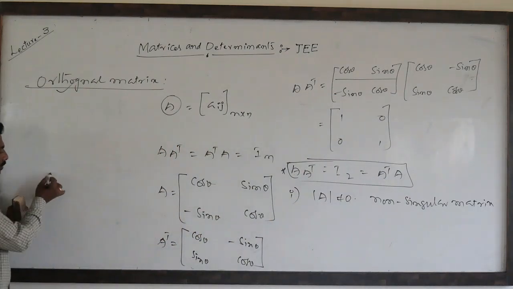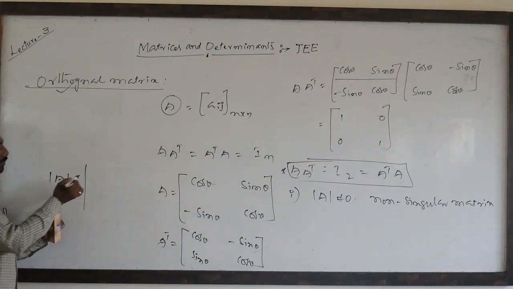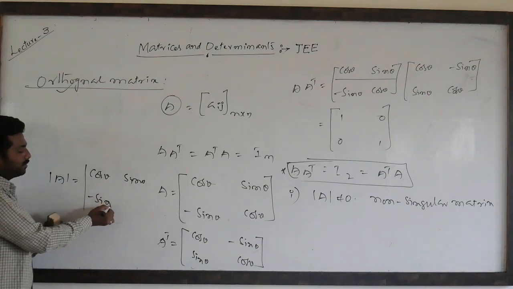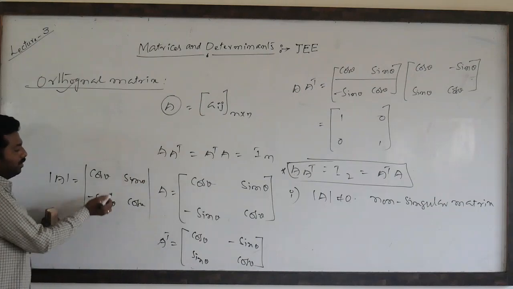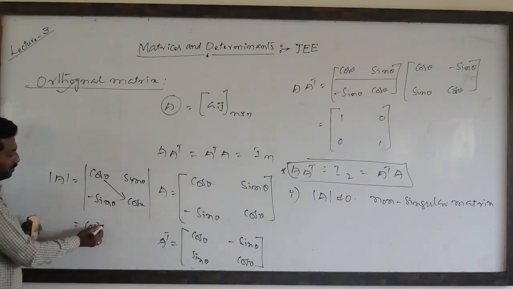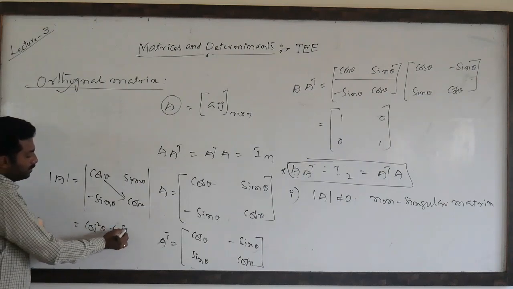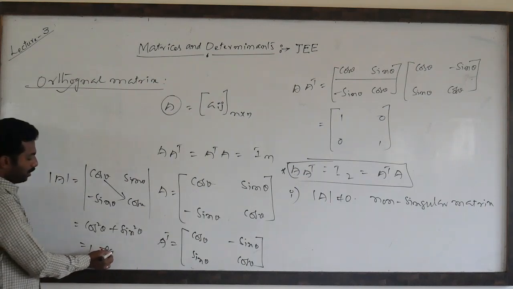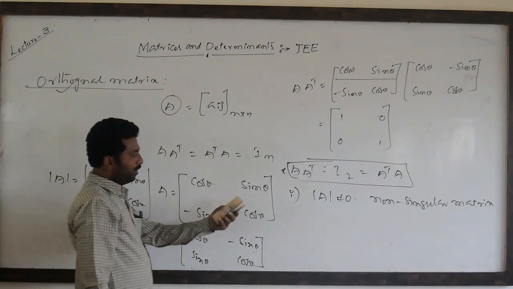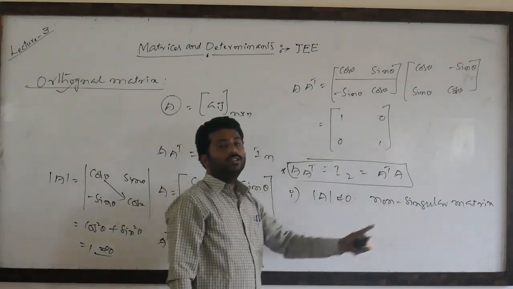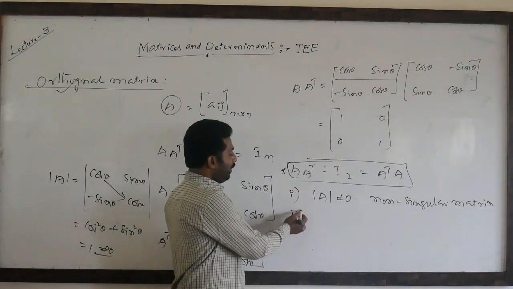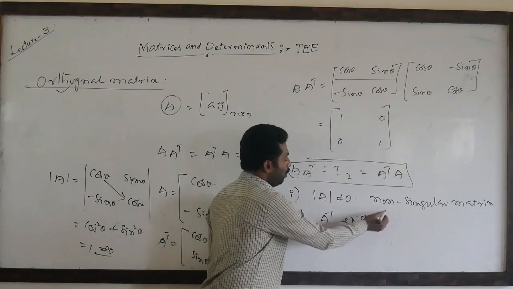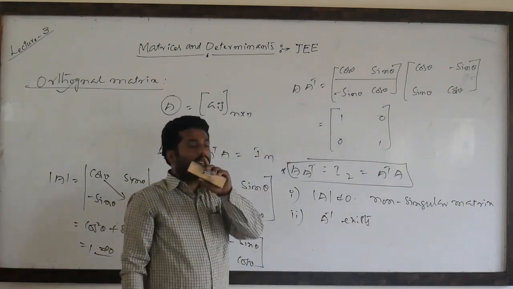If you calculate the determinant of A, that is cos theta, sin theta, minus sin theta, cos theta, the product of the principal diagonal elements gives cos square theta plus sin square theta, which is 1, not equal to 0. So remember, if A is orthogonal then it is a non-singular matrix, and so the inverse exists. For every orthogonal matrix the inverse exists.